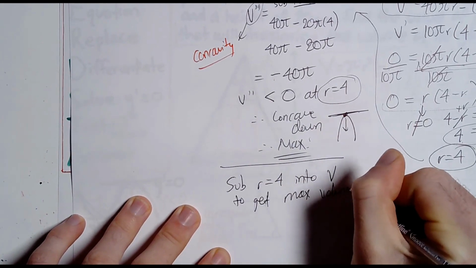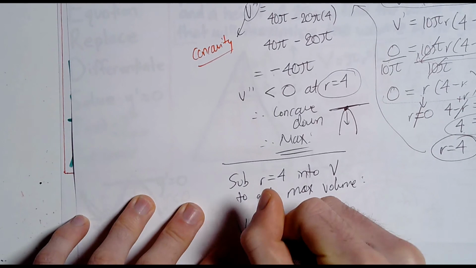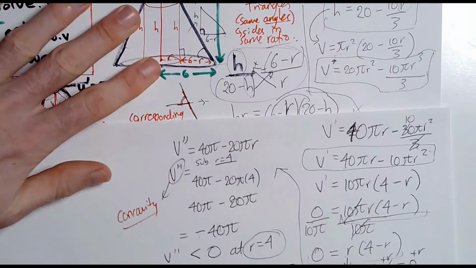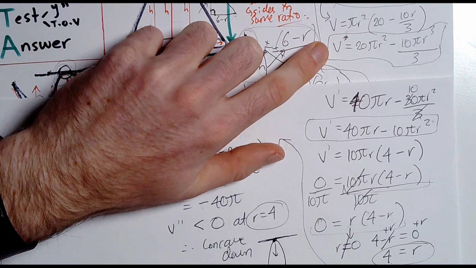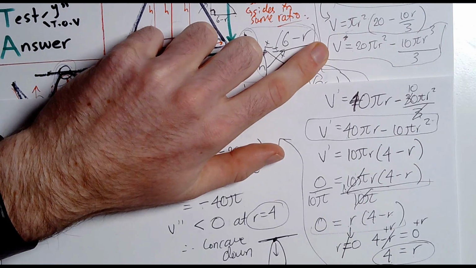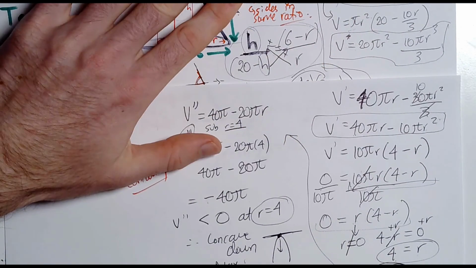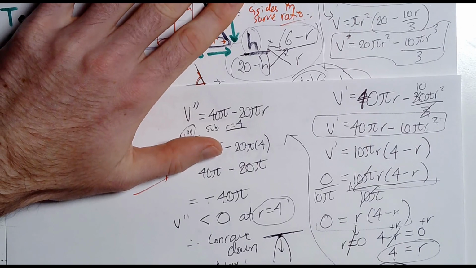So let's have a look. We know that V, the expression that had r in it, equaled 20 pi r squared minus 10 pi r cubed over 3.